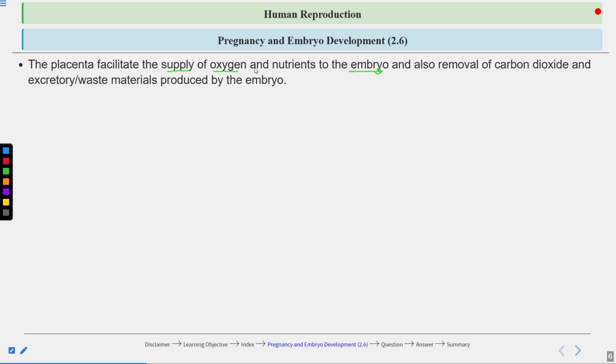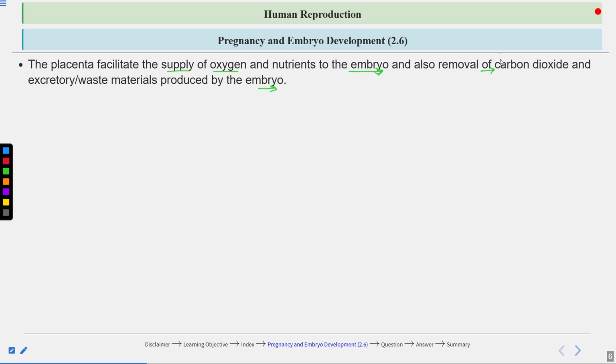So oxygen is very important. The placenta facilitates the supply of oxygen and nutrients to the embryo, because the embryo cannot feed itself, so it requires nutrients from the mother. It is dependent on the mother. The placenta is also involved in the removal of carbon dioxide and excretory waste materials produced by the embryo.